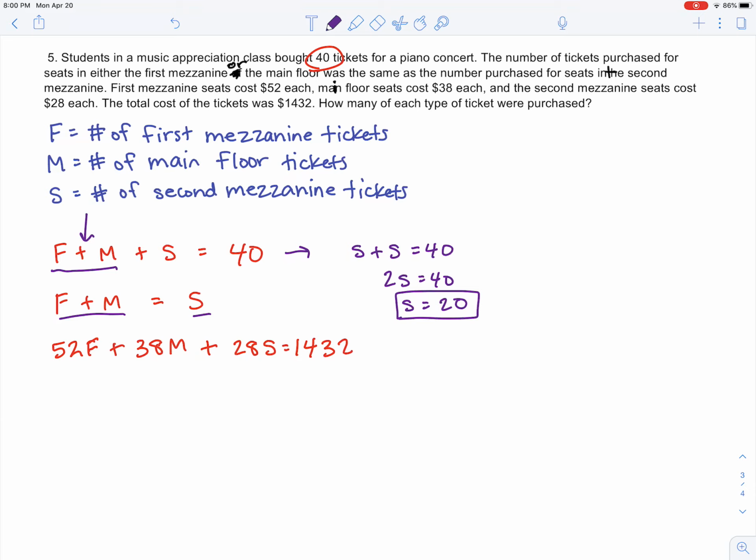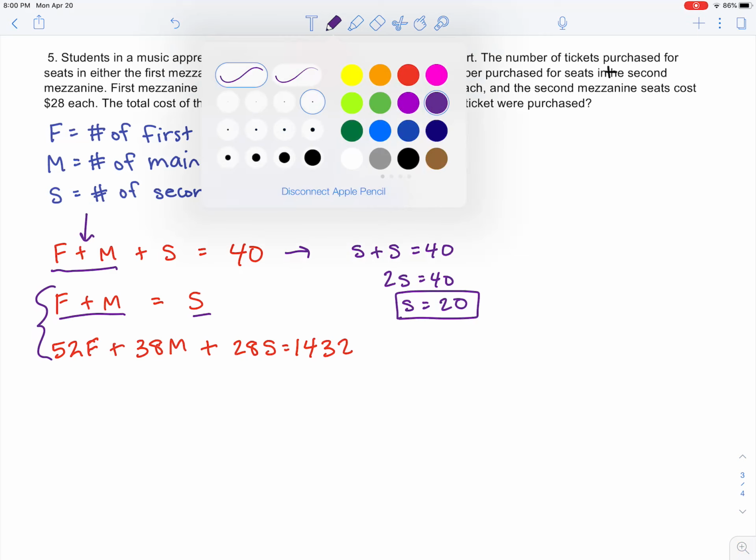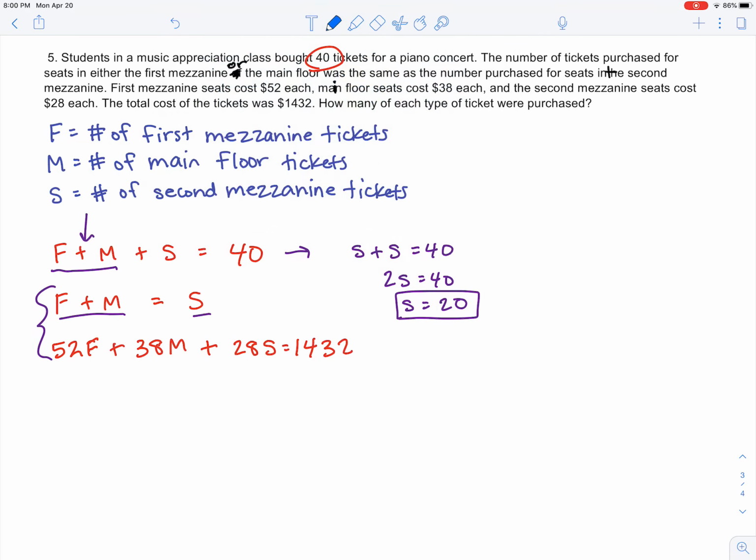What this means now is I can take two of these equations, replace S with 20, and then I'll have a 2 by 2 system that I can solve for F and M. So I'm going to do that for these last two equations here. I'm going to replace S with 20 and rewrite the equations. So here I would get F plus M equals 20.